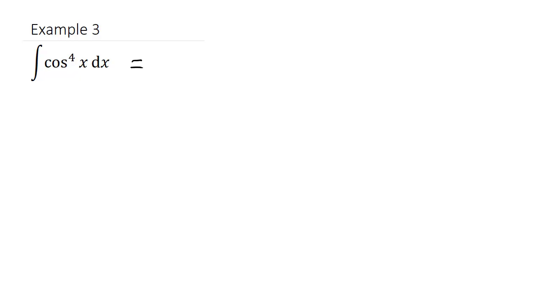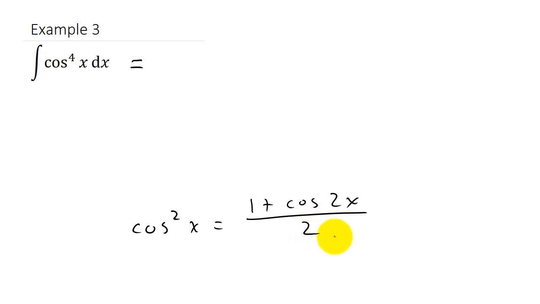Now notice in my formula I have cosine squared x is equal to 1 plus cosine 2x over 2. So I need to get a cosine squared.